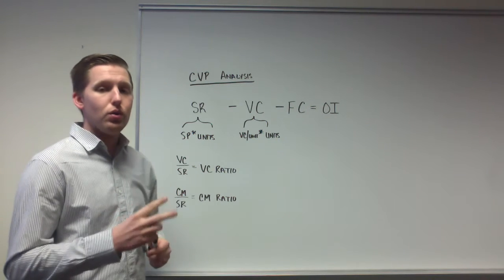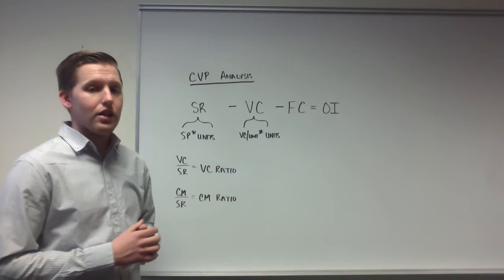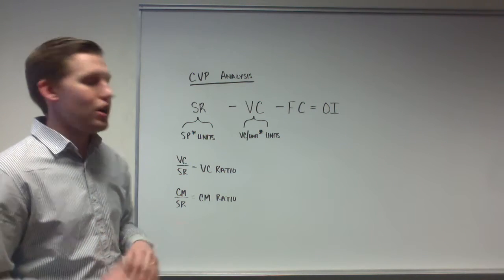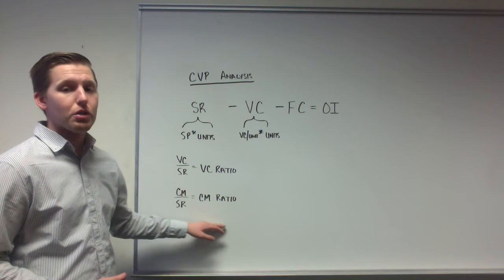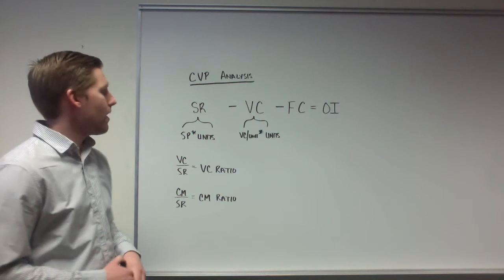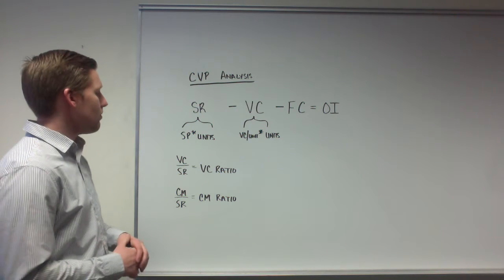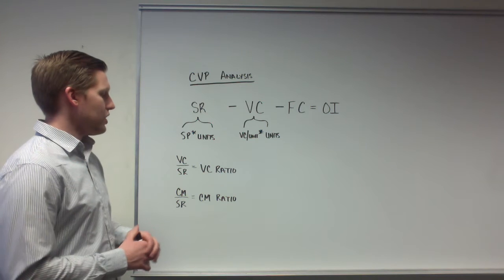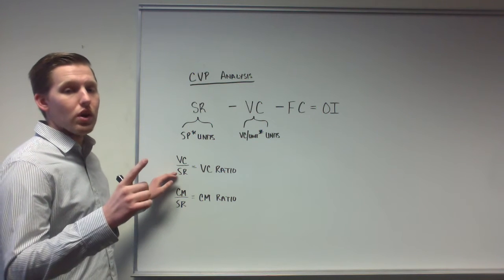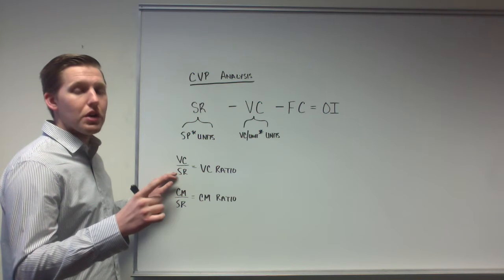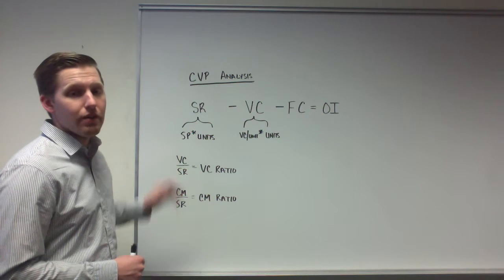There's also two ratios, and I'm going to provide you an example in a second to help you understand this a little bit better. But we have the variable cost ratio and we have the contribution margin ratio. So let's start with the variable cost ratio. Variable cost ratio just says if I sell and get $1, how much of that $1 went towards paying my variable costs.